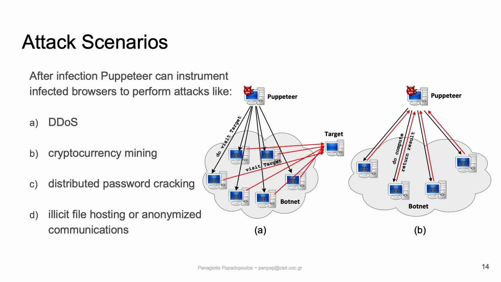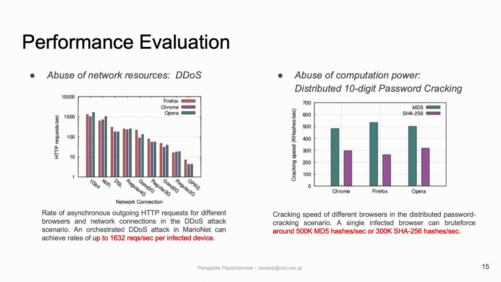In addition, we also have illicit file hosting and anonymized communications, where the infected browser can host files or proxy communications of other peers.